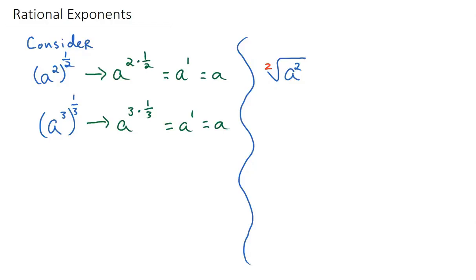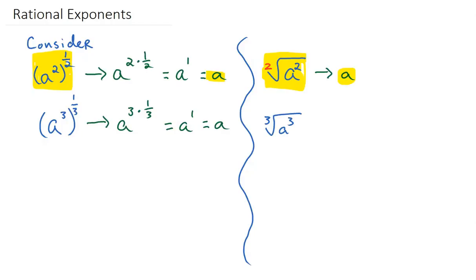So this just simplifies to an a. So when we take a squared to the 1/2 power, we got an a, and when we take the square root of a squared, we got an a. It seems like they're doing the same thing with the numbers.